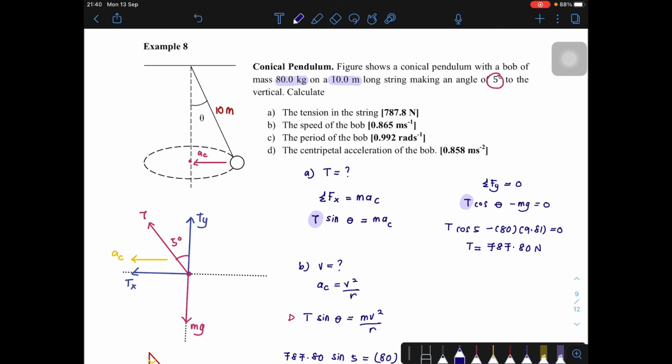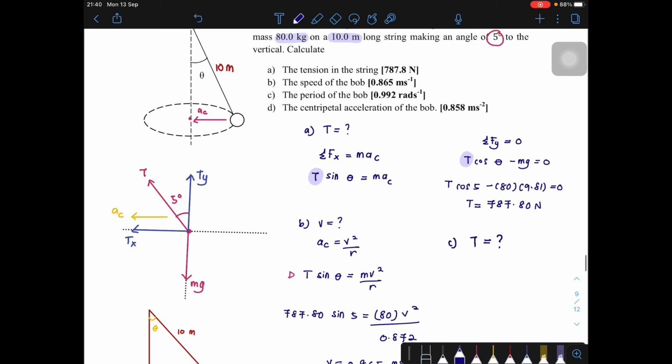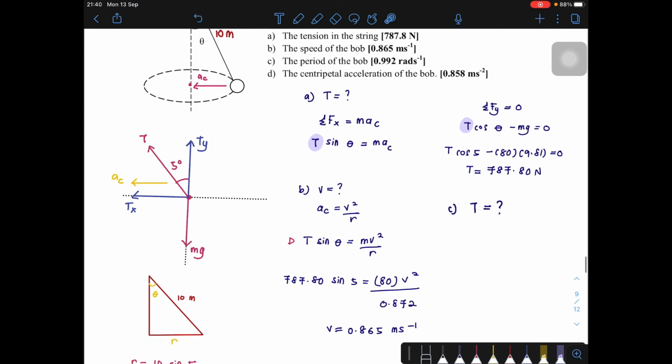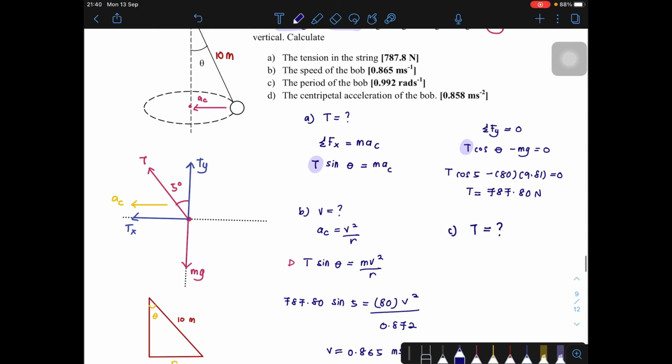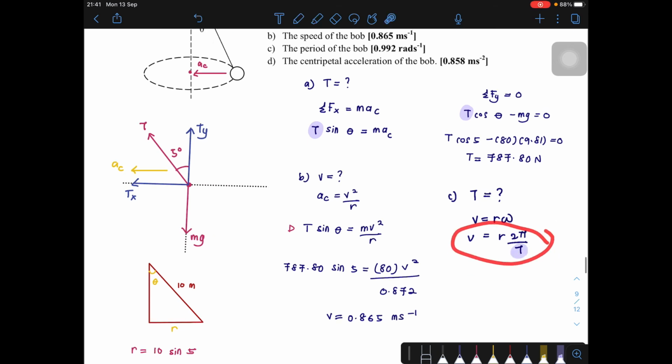Okay, the value for T. Okay, not the tension, but the period. Okay, so since we have the velocity already, so we know that velocity adalah sama dengan r omega, dan omega adalah sama dengan 2 pi divided by T. So we can find the T using this one here.